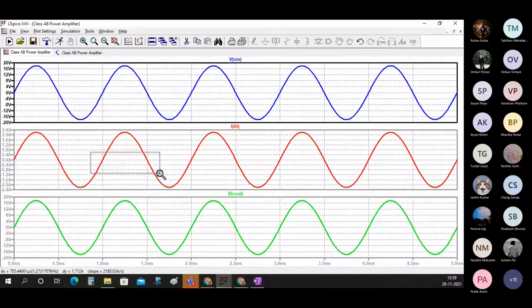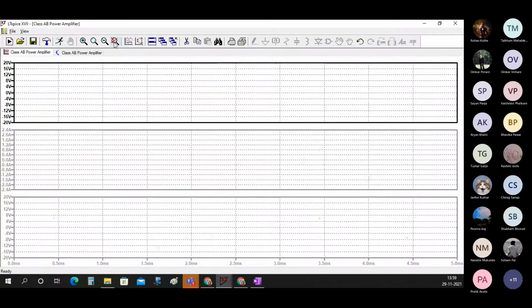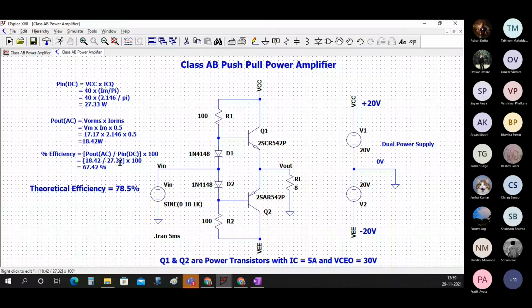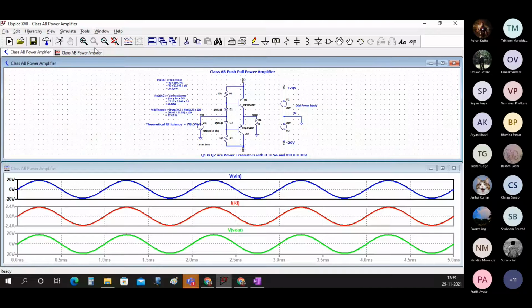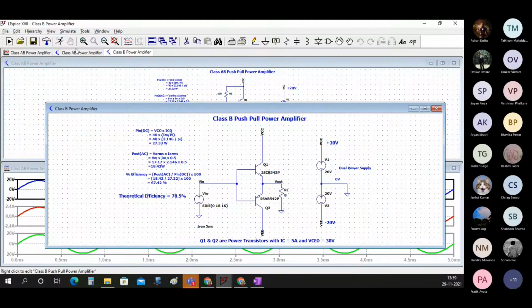Now you can see here this is gone to a great extent. At 0 there is nothing, it's very smooth. Okay, this is good. So now what I'm doing is I'm opening the first file and I'm running that as well.